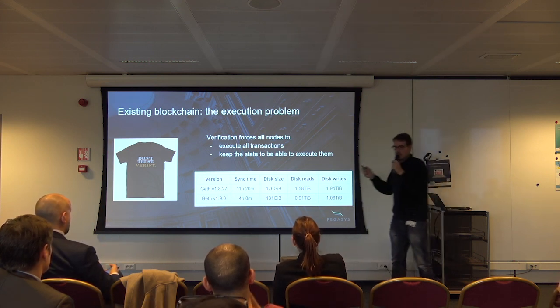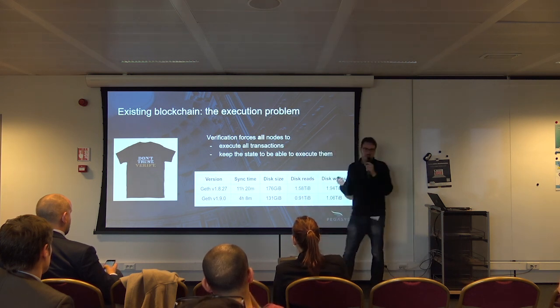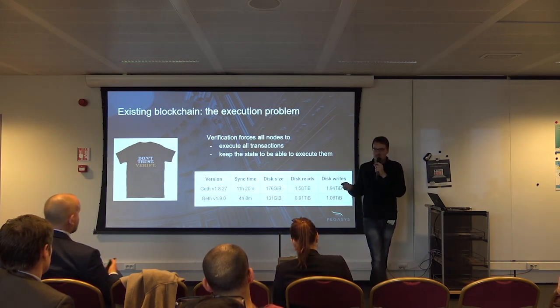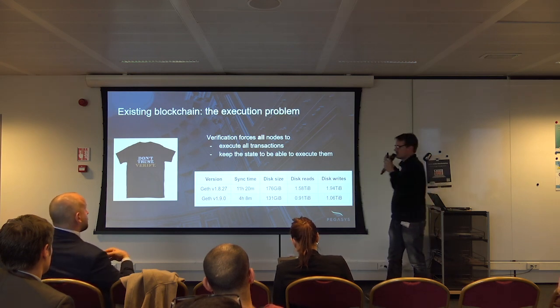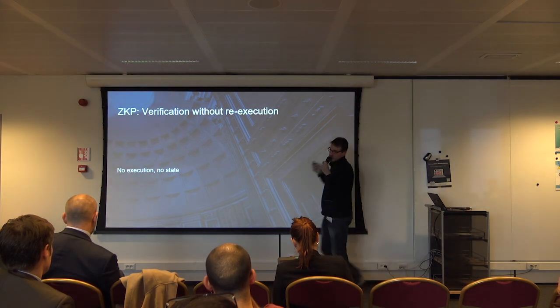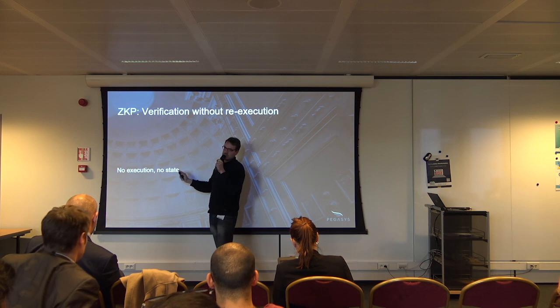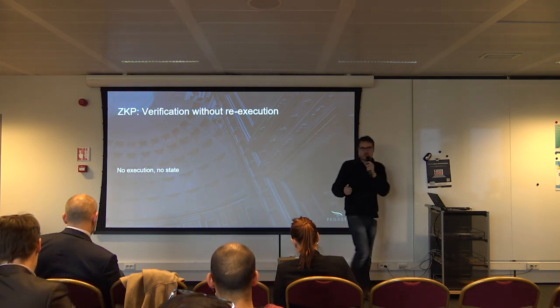But here, again, we're executing the transaction to check that the miner is not lying. With ZKP, we know that we can verify the proof without executing it. So that's the main point, okay? You won't execute, so you won't have a state. You will just check the proof that the miner has done a proper job.